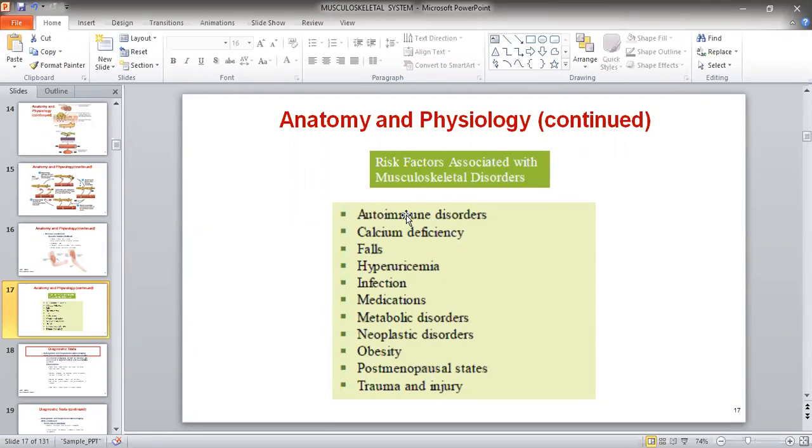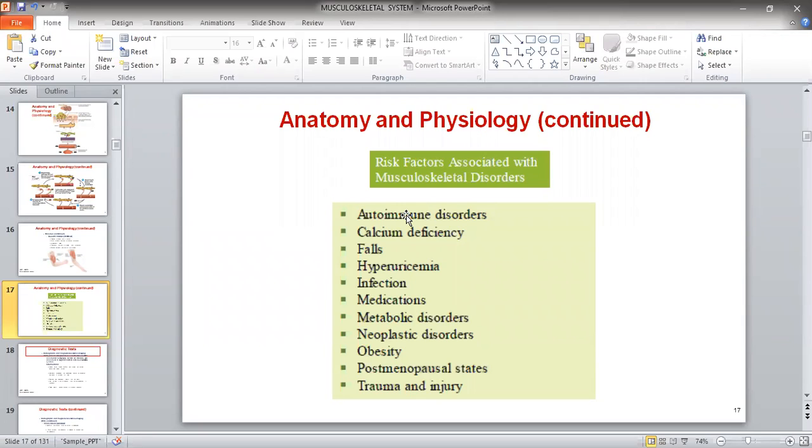If you prevent the fall, you can prevent 90% accident in the long-term care. Hyperuricemia is another important factor of the risk musculoskeletal system disorder.